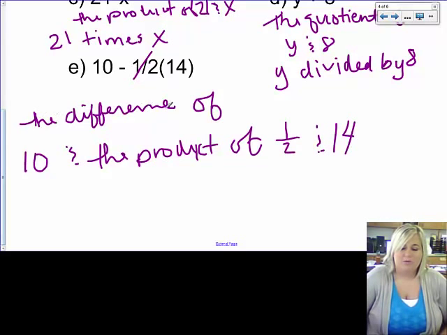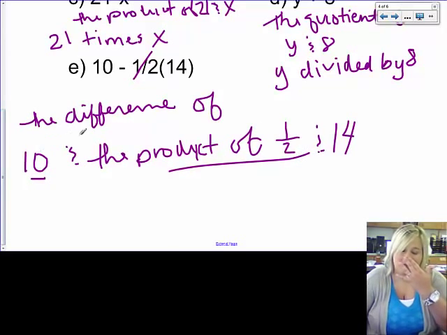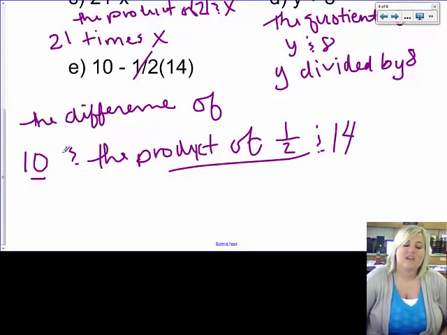Okay, this is the difference. I'm subtracting this from this. I wrote it in the order, and then this is the product here.